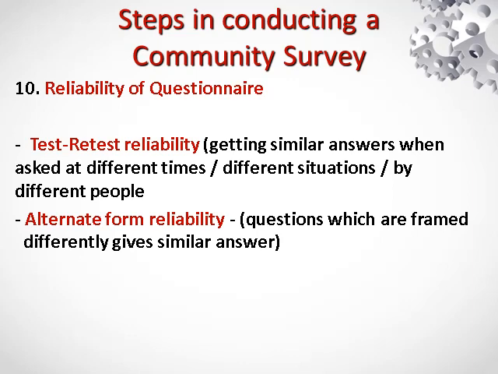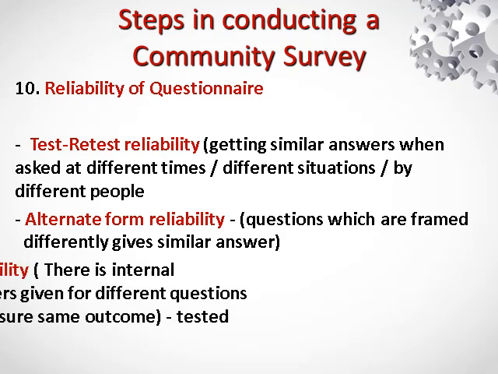How many hours before the start of class do you wake up? Your answer will be 2 hours before the start of class I wake up. So both are giving the same answer but in a different way. Questions are framed in a different way but give a similar answer. That is known as alternate form reliability.